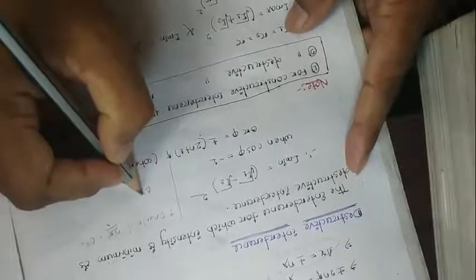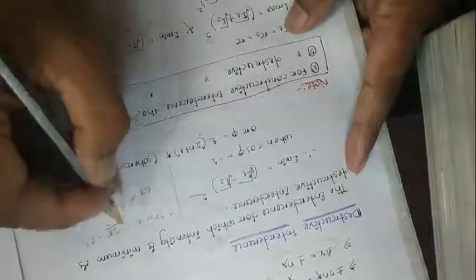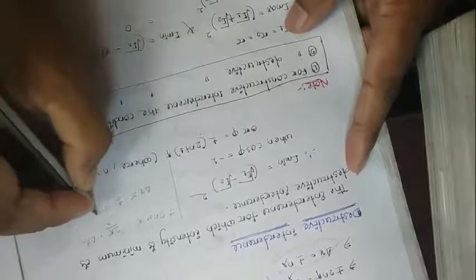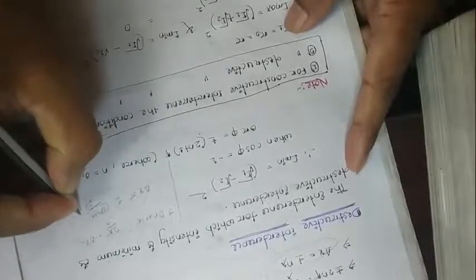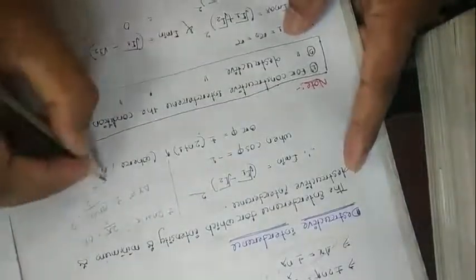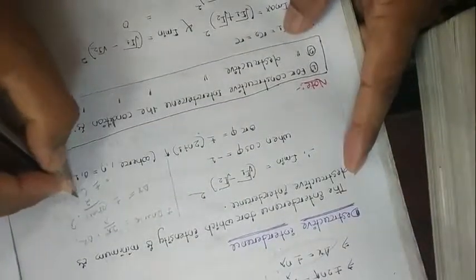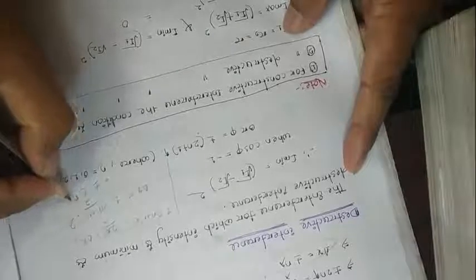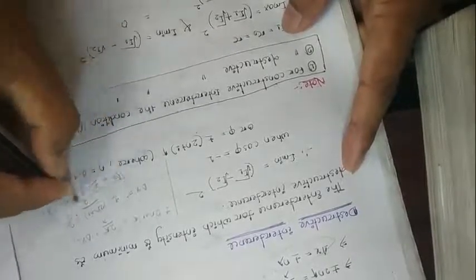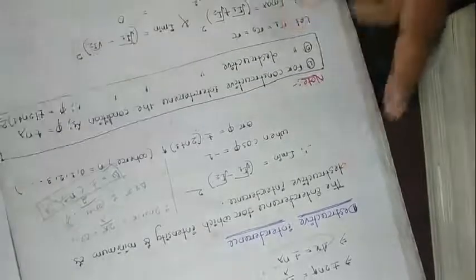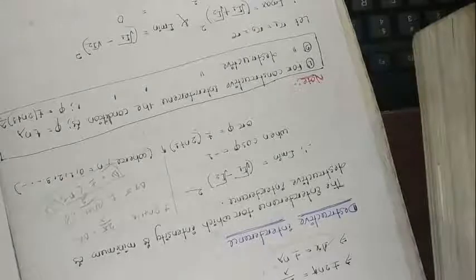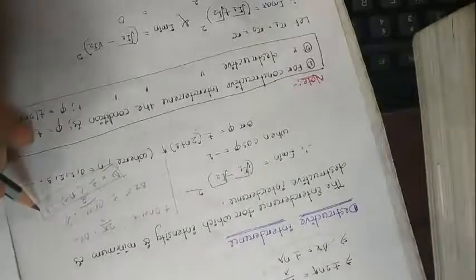So del x, with pi cancelled, will be plus or minus (2n plus 1) by 2 into lambda, or plus or minus (n plus 1 by 2) into lambda. That is the corresponding path difference.